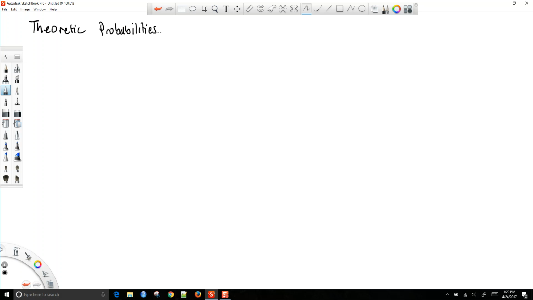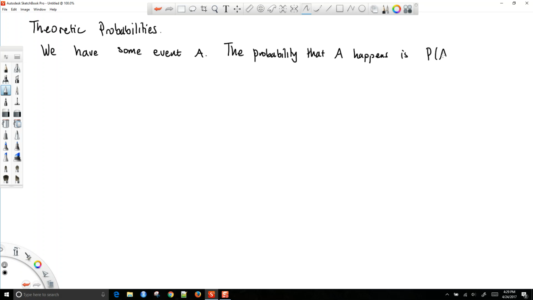Okay, so as far as theoretic probabilities go, we might say we have some event A. And thus the probability that A occurs is P of A, okay?